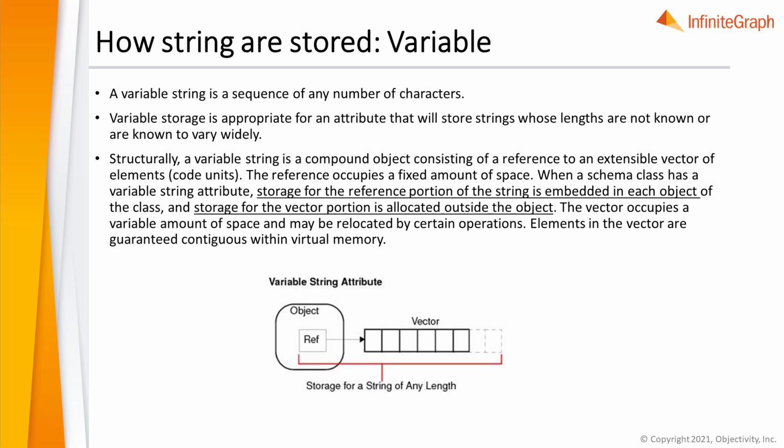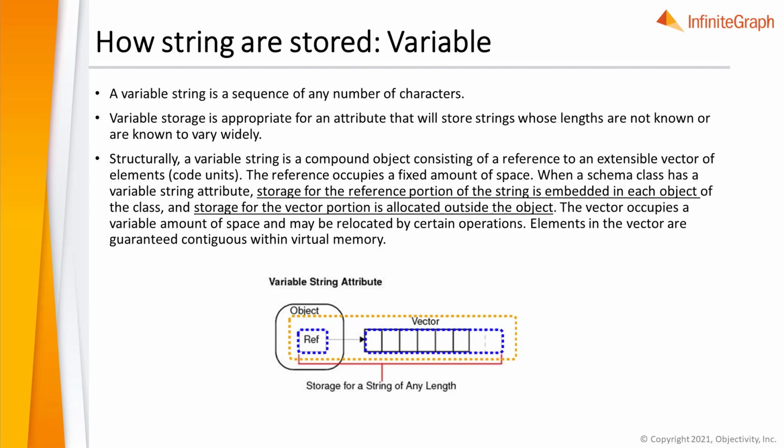A variable string is a sequence of any number of characters. Variable storage is appropriate for an attribute that will store strings whose lengths are not known or are known to vary widely. Structurally, a variable string is a compound object consisting of a reference to an extensible vector of elements or code units. The reference occupies a fixed amount of space in the object.